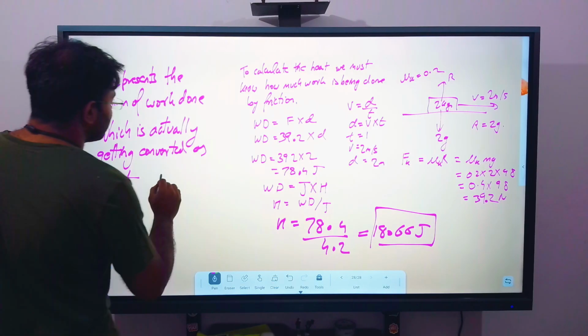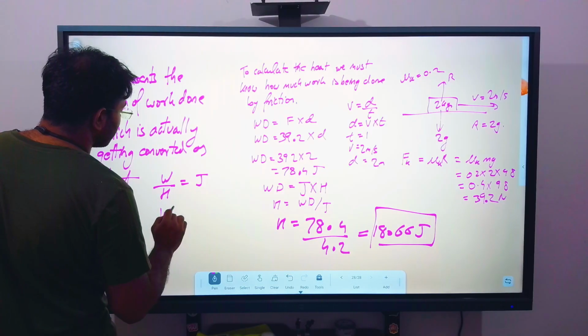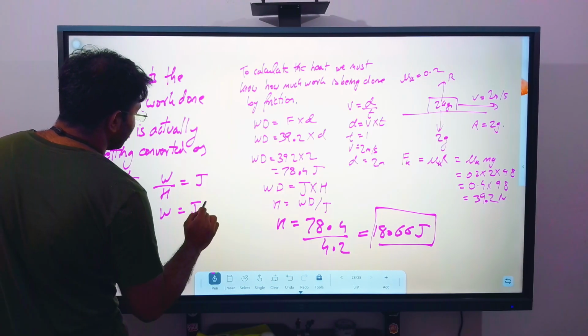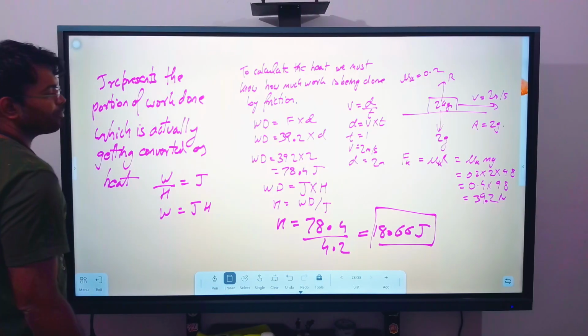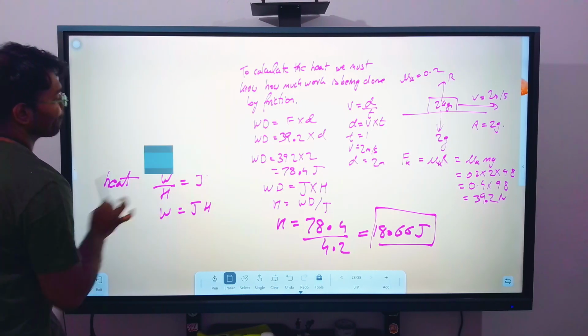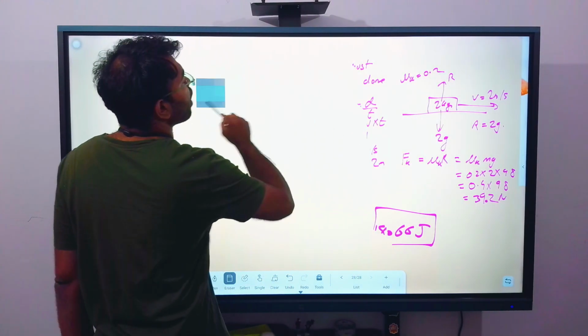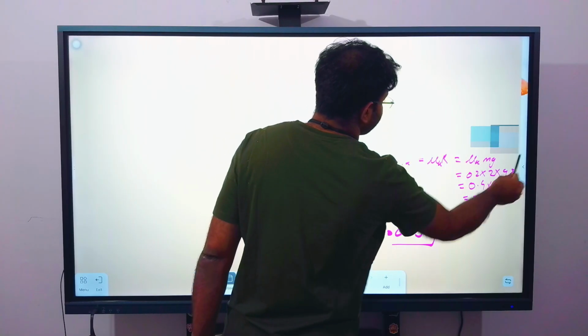So work done upon heat should be equal to J, or work done should be equal to J times H. Clear? Doubts? I'm also seeing this type of question for the first time.